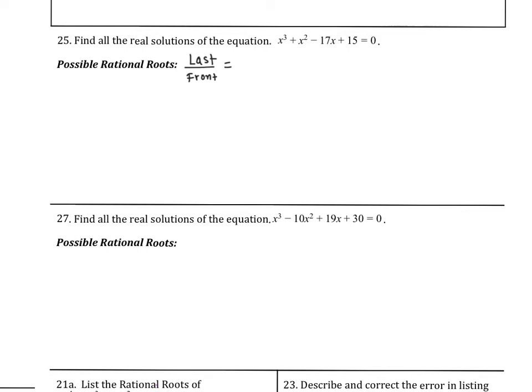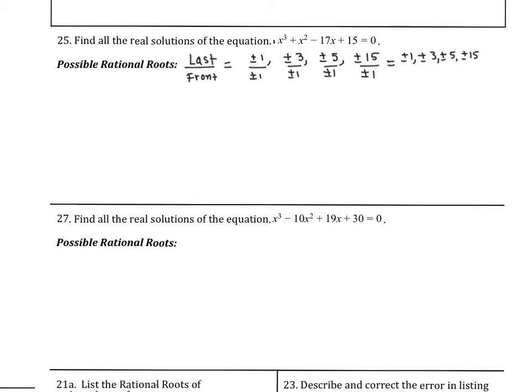The factors of 15 are plus or minus 1, 3, 5, and 15. The factors of the front number, 1, are plus or minus 1, which we don't have to write. So our basic factors are plus or minus 1, 3, 5, and 15.